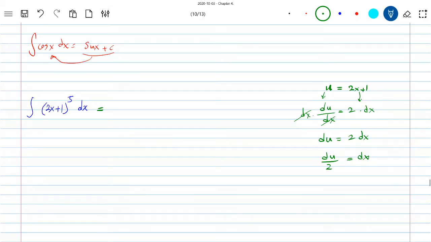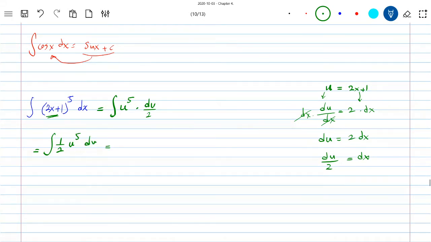So in the integral, this term we called u. So we have u to the power 5, multiplied by, instead of dx, du over 2. We couldn't have added 1 to the exponent and divided by the same exponent, because it's not simply x to the power 5. But now what we have is an integral where du divided by 2 is the same as 1/2 u to the power 5 du.